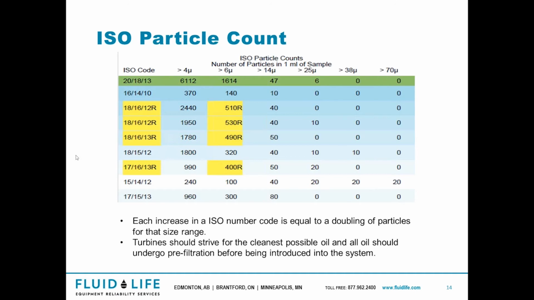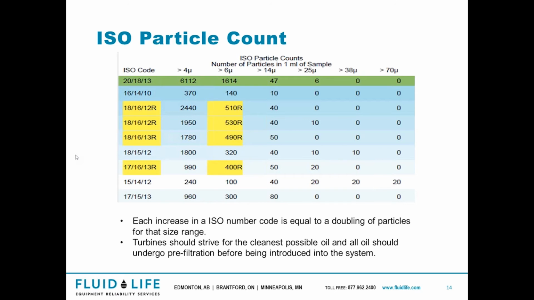And really the goal here for a turbine oil should be to keep it as clean as possible. There are a lot of small, tight clearances in turbines, control oil valves and pumps and whatnot. And so any small particle contamination that's in there will cause metal cutting and wearing. The cleaner your oil, the longer your equipment will last, and the longer your oil will last.